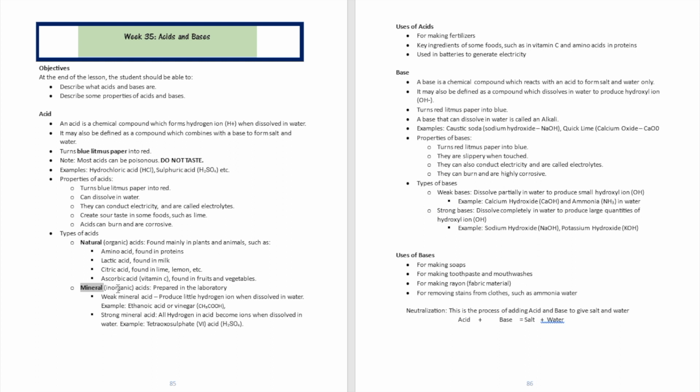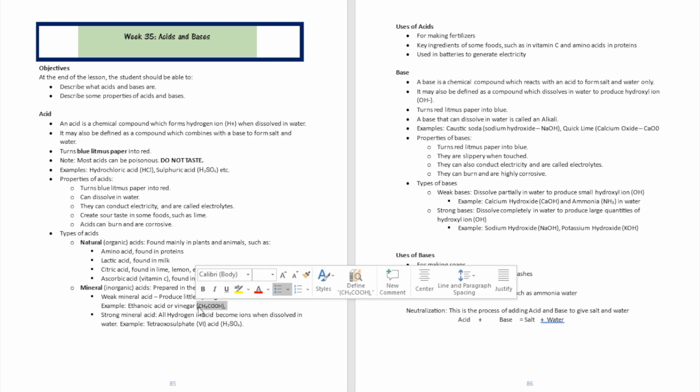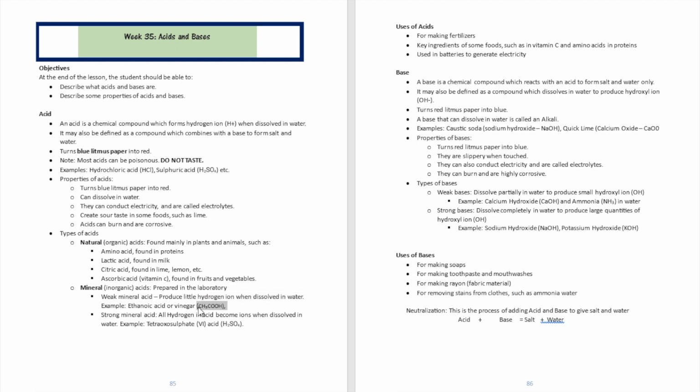But then there are inorganic acids as well, which are prepared in the lab for you. These are weak mineral acids that produce little hydrogen ion when dissolved in water. Examples are ethanoic acid, or vinegar. Have you heard of vinegar before? That's the formula over there for you. Vinegar.